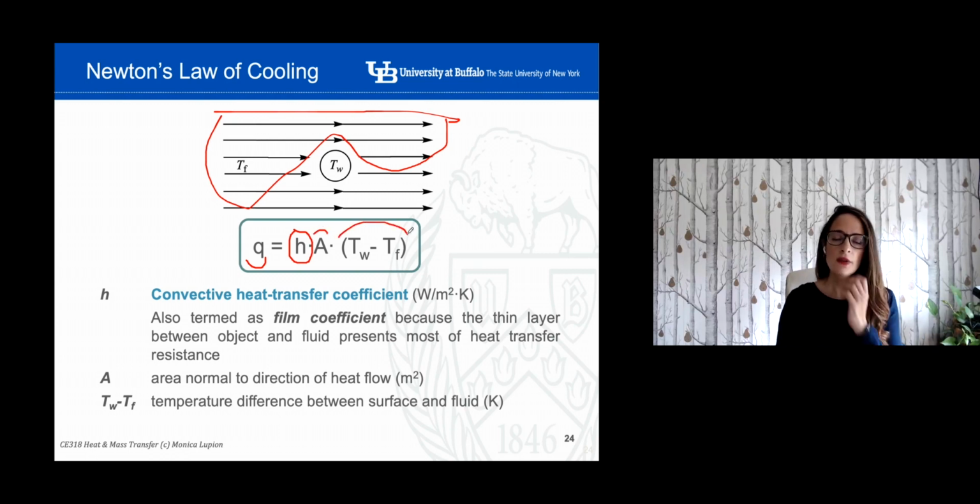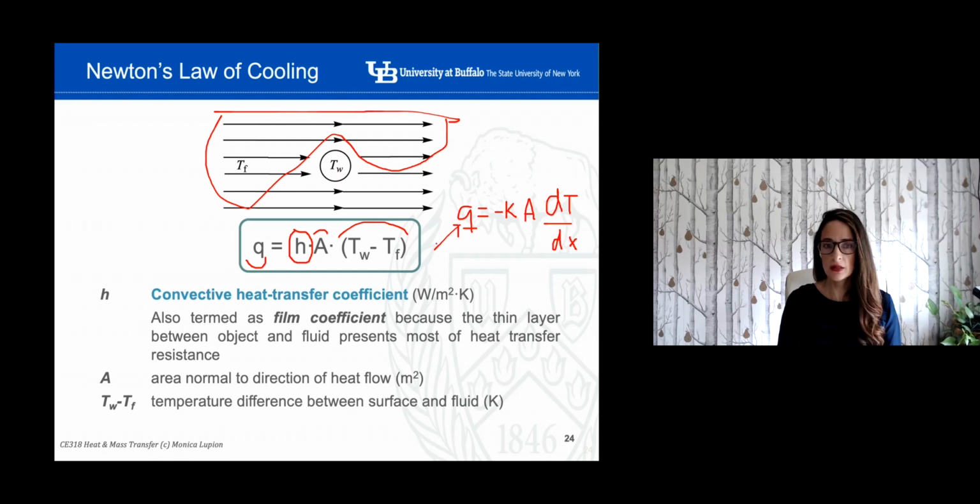T. So if you remember from the previous video when we studied conduction, we defined conduction as a function of the thermal conductivity, the area, and dT/dx. Okay, so you see the similarities between these two expressions here, and also the role of the convective heat transfer coefficient h compared to the role of the thermal conductivity k.